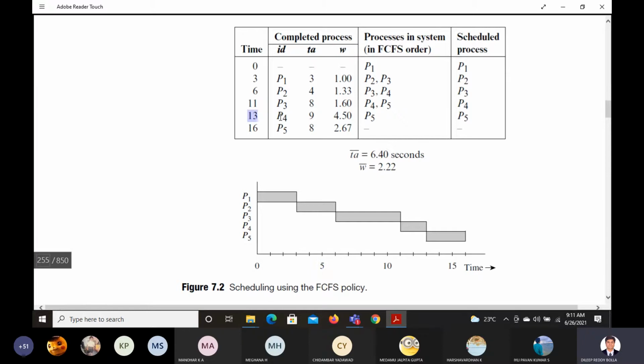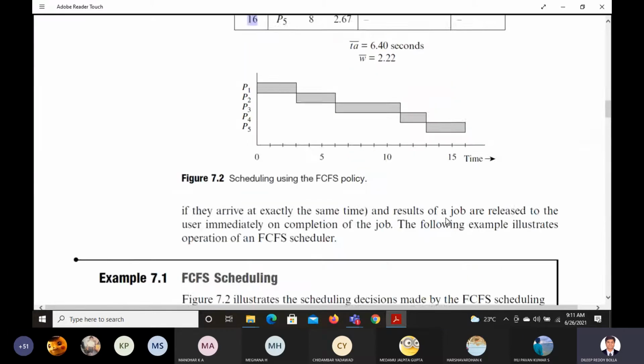You can see in this example at 13 P4 has ended, sorry. So P4 has ended, P5 has started here. It will end at time 16. Okay, you know that anyway, I am just trying to brief you.